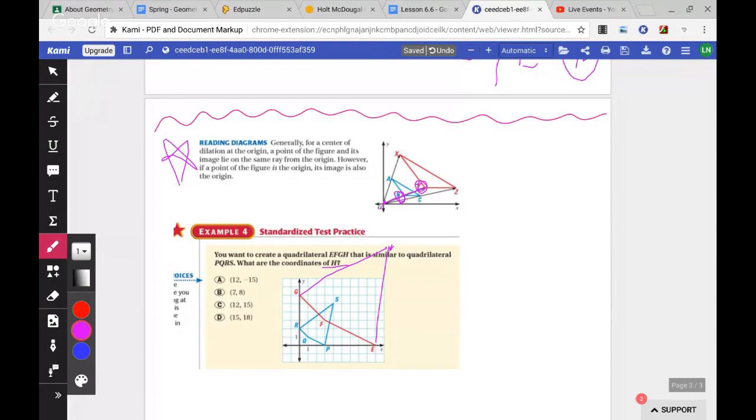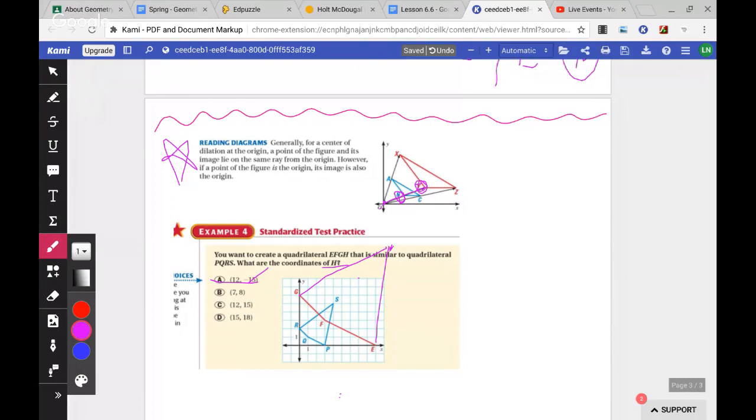So let's look at our options. 12, -15. That doesn't even make sense. We don't want a negative because that would bring us down here, okay? So get rid of that option. 7, 8. Let's see. 1, 2, 3, 4, 5, 6, 7. 1, 2, 3, 4, 5, 6, 7, 8.